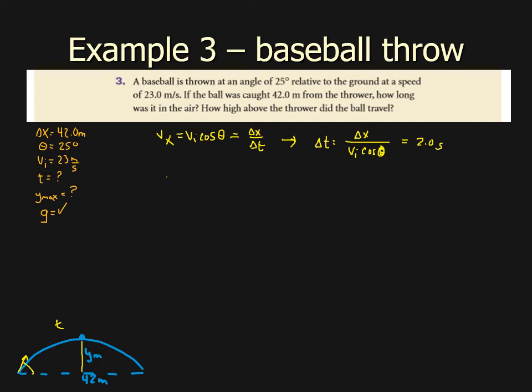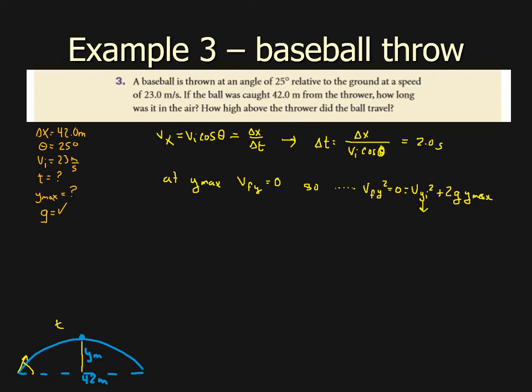All right, so at y max, what do we know? We know that the final velocity in the y direction equals 0. Vfy squared equals 0 equals Vyi squared plus 2 times gravity times the maximum y value.